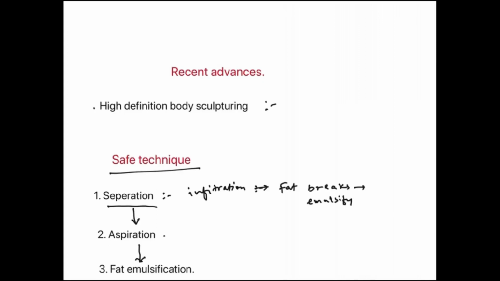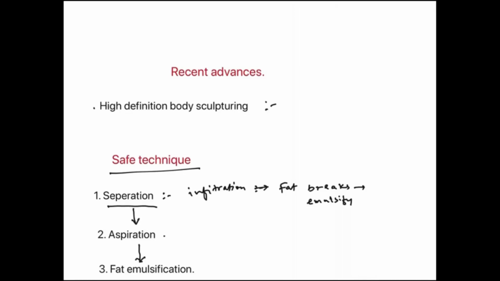What is the safe technique? There are three components of safe technique of liposuction. First is separation. Separation is done after infiltration of the solution. Then fat is broken down and emulsified, and then suctioned.